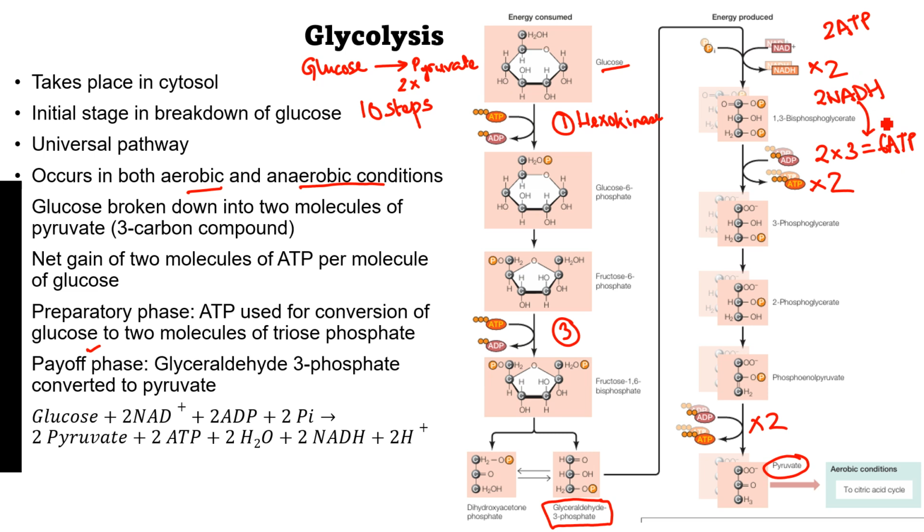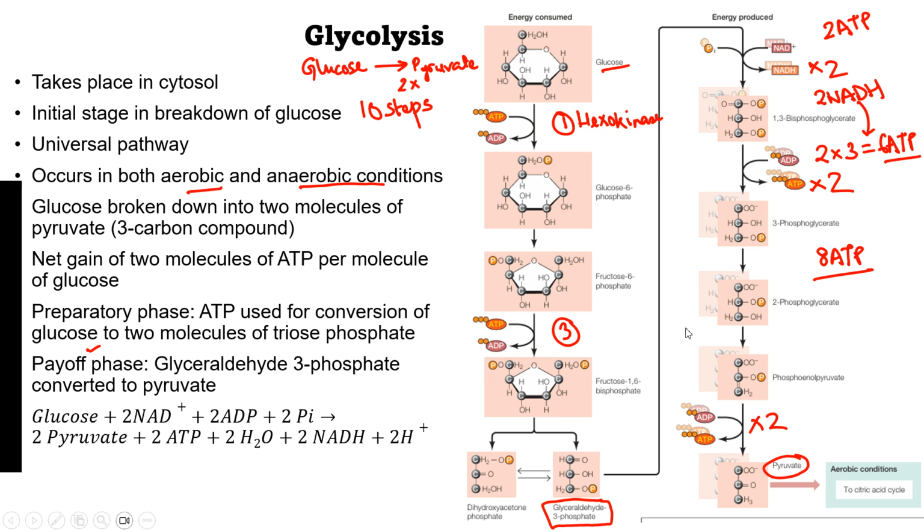So the total ATP molecules generated through glycolysis are 8 ATP: six generated through oxidative phosphorylation, and two through substrate level phosphorylation.